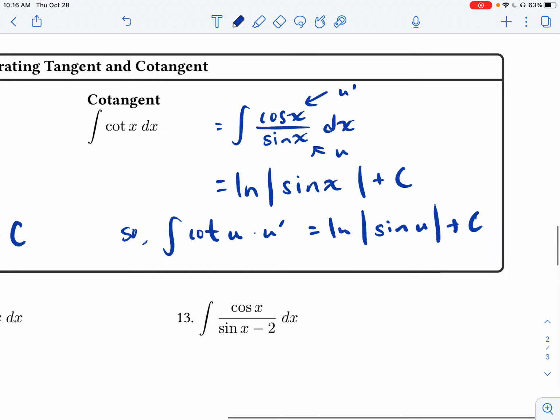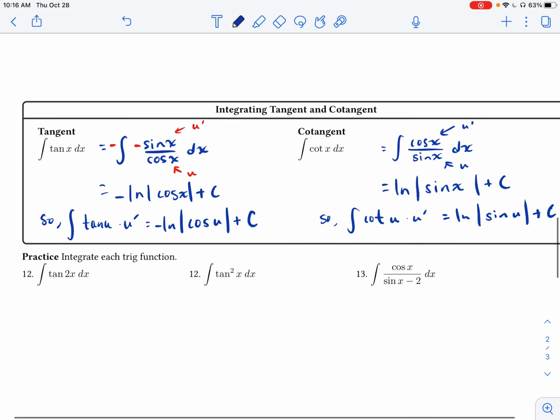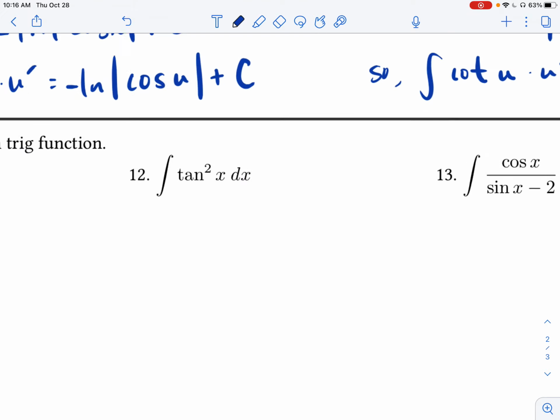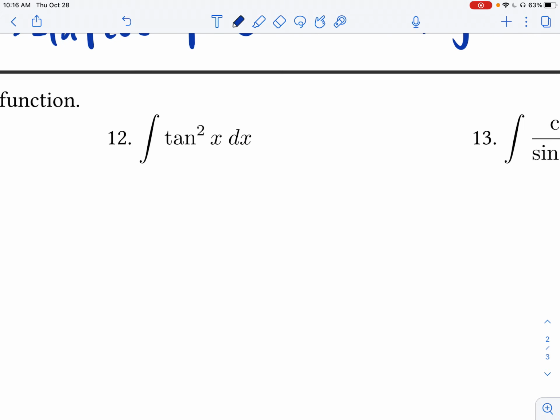Okay? So one quick practice problem that we might do with something like this, if we were looking at something like number 12 here, the integral of tangent squared x dx. Well, I know that tangent squared x at first glance would just be tangent x times tangent x. That doesn't help us too much.